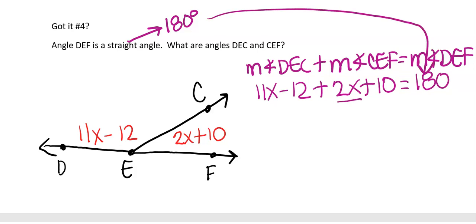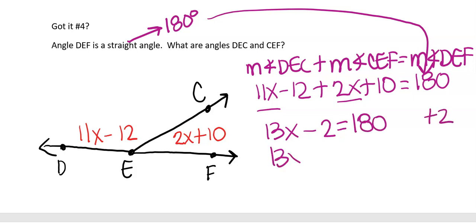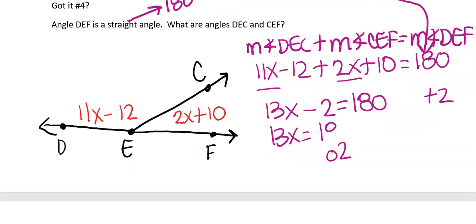Putting like terms together, we have 13 x's. A negative 12 plus 10 would be a negative 2. So we will add 2 to both sides. 13x equals 182, and then we divide by 13. So x equals 14.